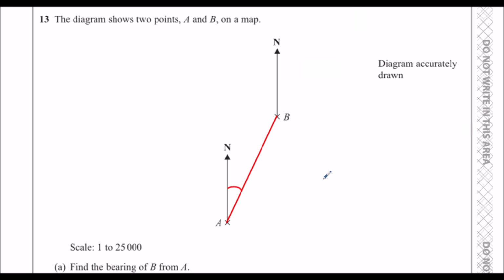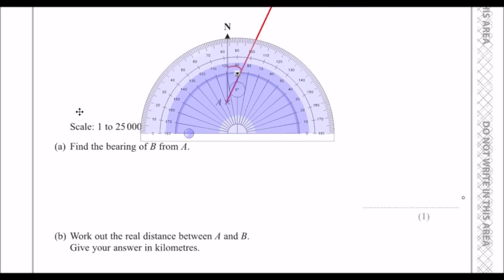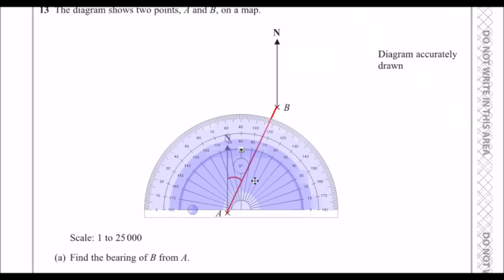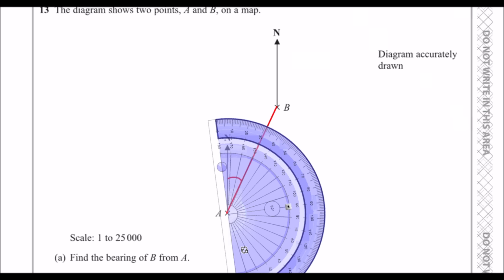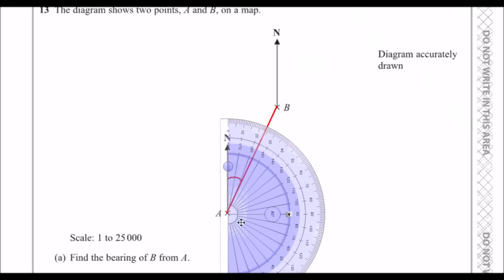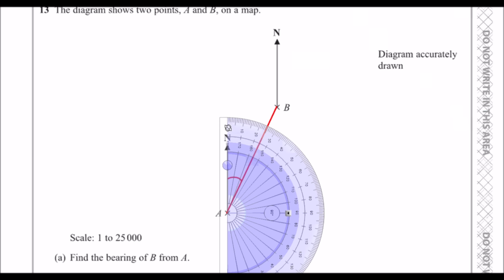That's what we need to measure. So we get a protractor, and we line it up. So the 0 is lined up with the north line. Then we measure round, and that looks like 25 degrees.